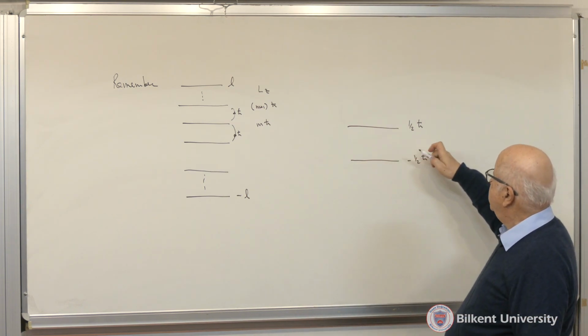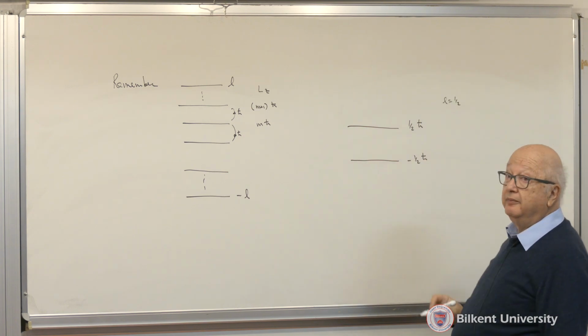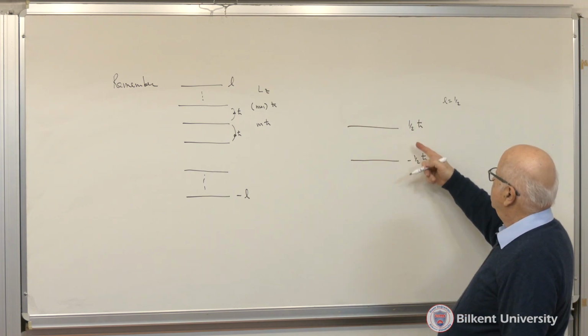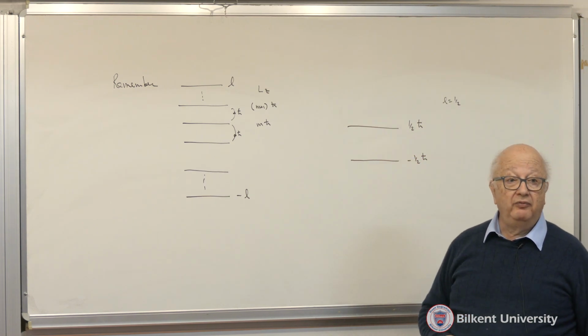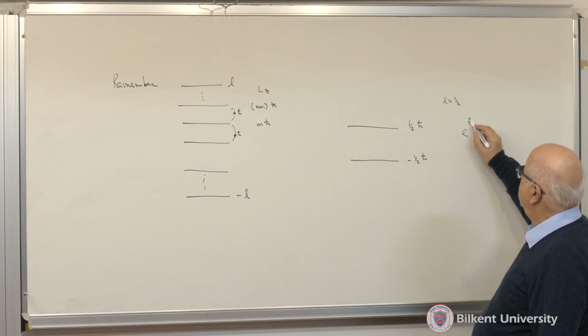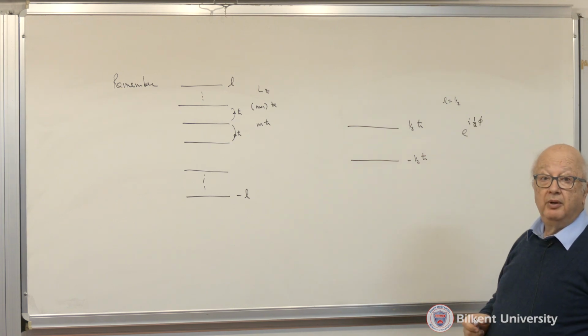Because this corresponds to L equal to 1/2, and m equal to 1/2 or minus 1/2, which means you are going to get eigenfunctions which look like e to the i 1/2 phi.